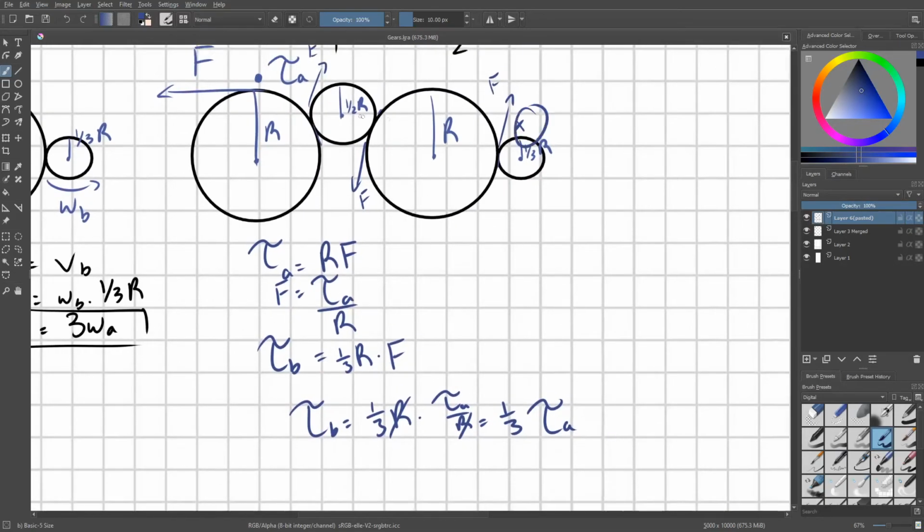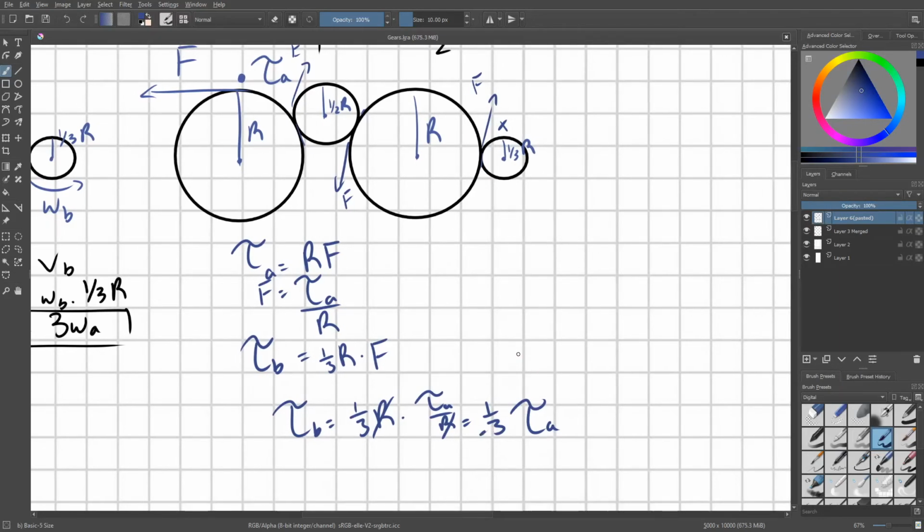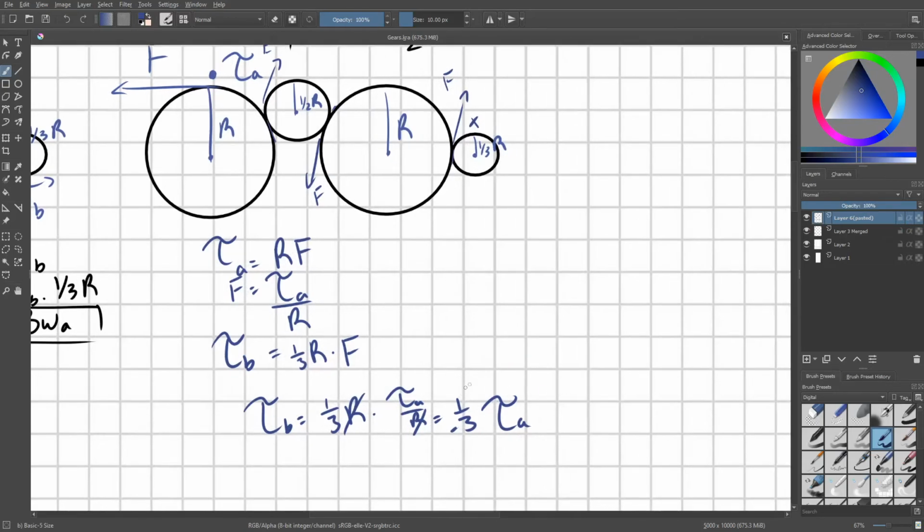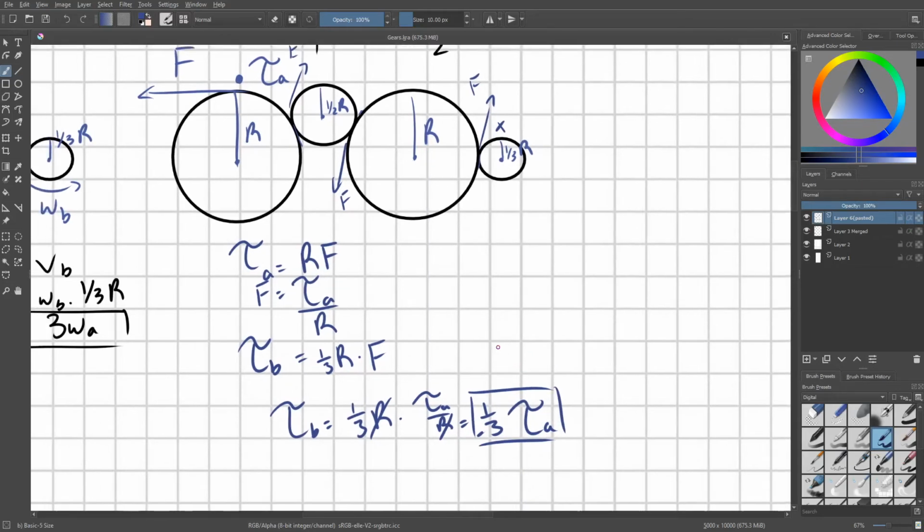And again, direction-wise, this is in the opposite direction of the TA. Right, and so over a series of gears, we can simply jump from the first gear to the final gear.